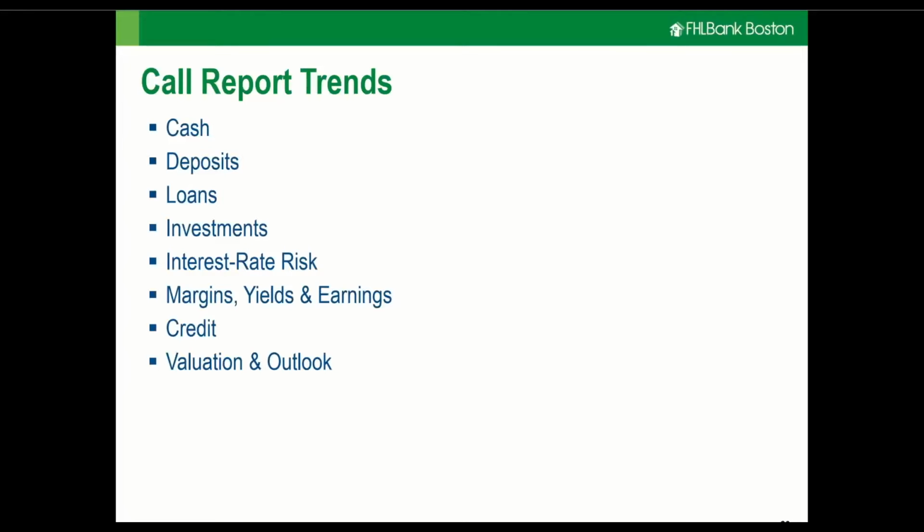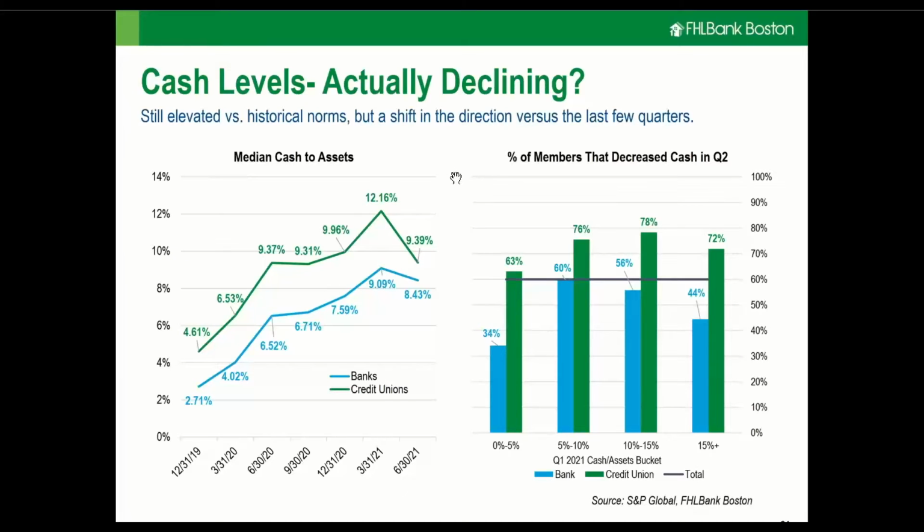Thanks, John. So the first thing that we'd like to take a look at is cash levels. When we look at what happened in the last quarter, we saw a departure from what has been happening over the last few quarters, in that amazingly, cash actually went down after reaching more or less historic numbers.